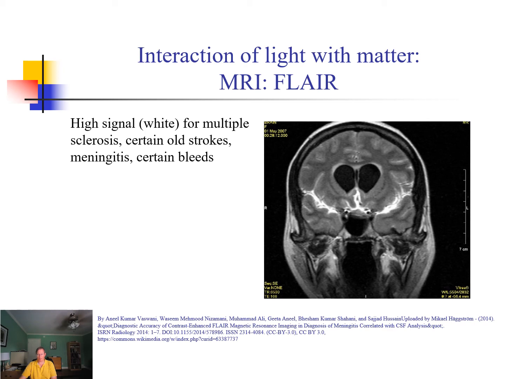And this is actually a meningitis. The FLAIR images will show things like multiple sclerosis. It'll show old strokes, meningitis, and certain kinds of intracranial bleeds are highlighted or accentuated on this. They're more white.